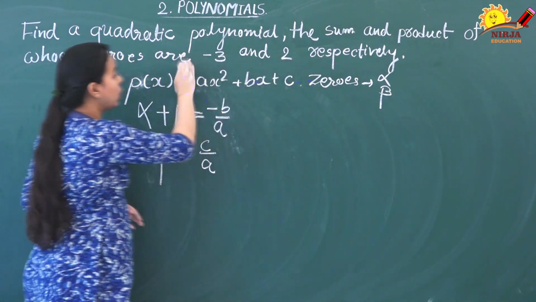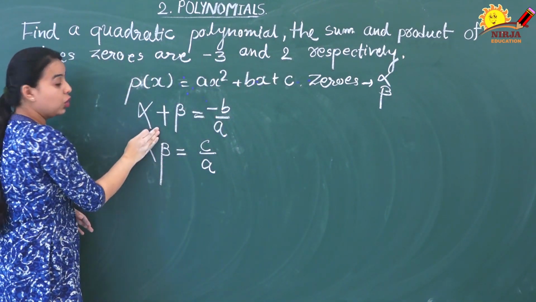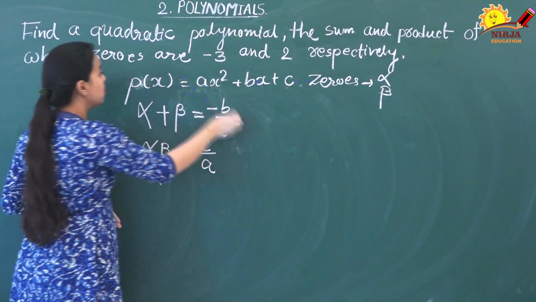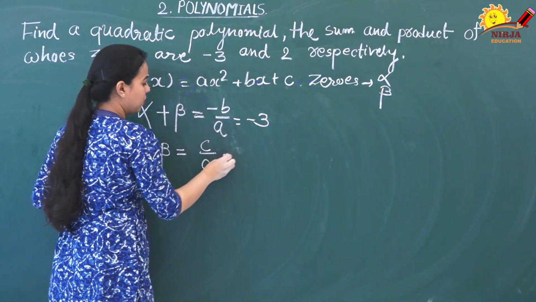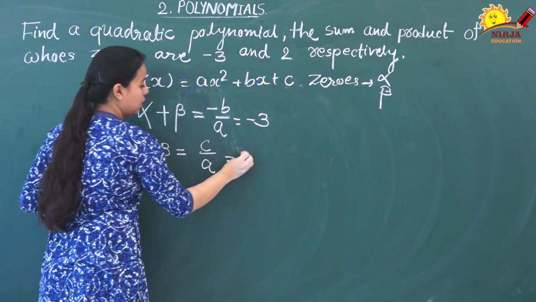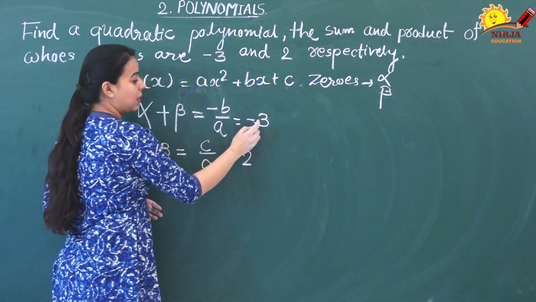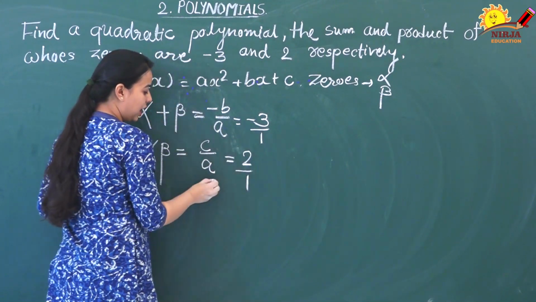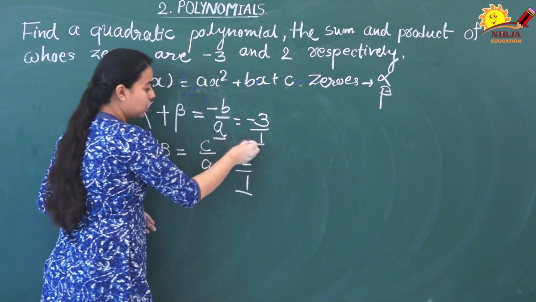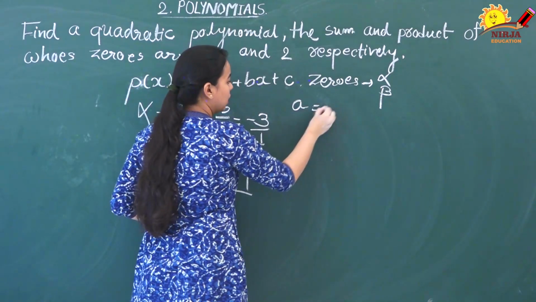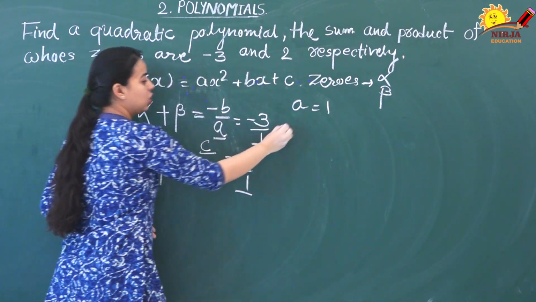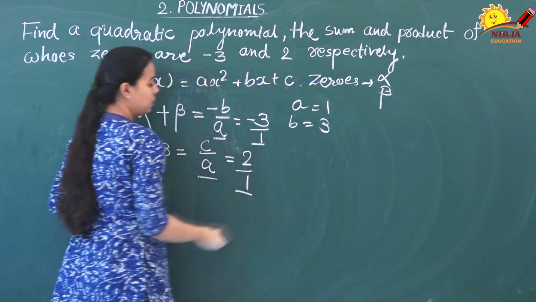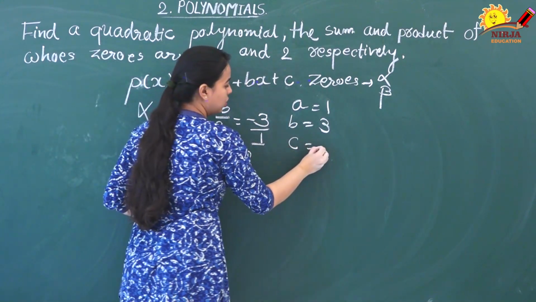Now in the question they have given the value of the sum as minus 3, and the value of the product as 2. We can write minus 3 as minus 3 upon 1 and 2 as 2 upon 1. That means if we consider the value of a as 1, then we get the value of b as 3 and the value of c as 2.